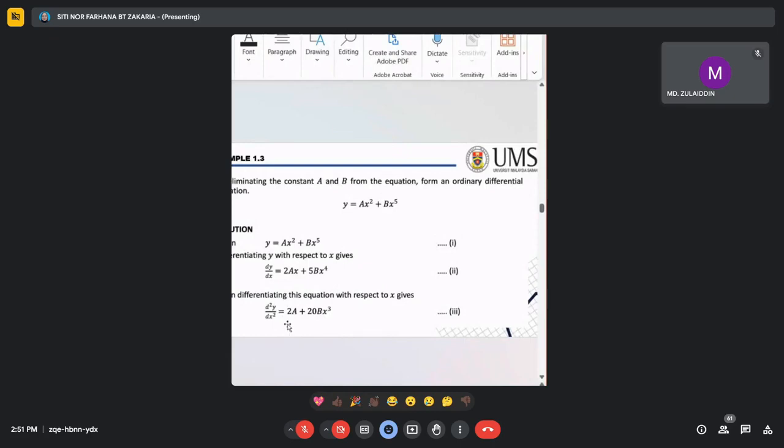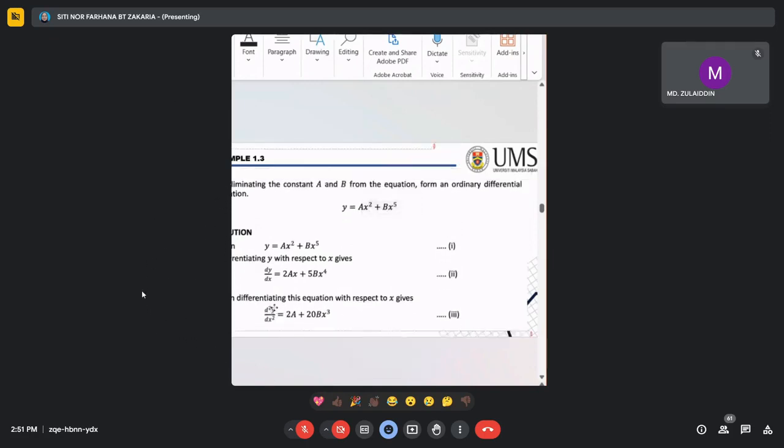Remember dE, its solution is a function. So example 1.3 is a dE, right? Its solution is actually y equals to ax power of 2 plus bx power of 5.